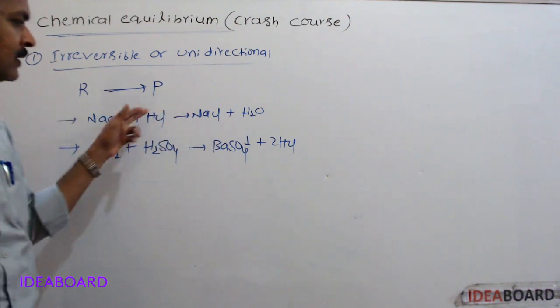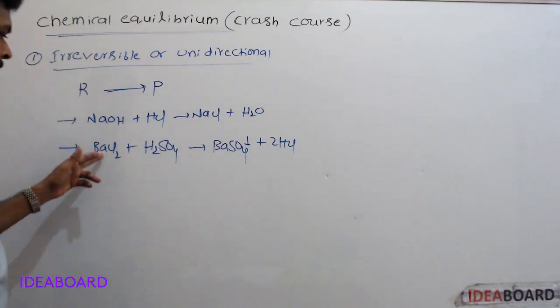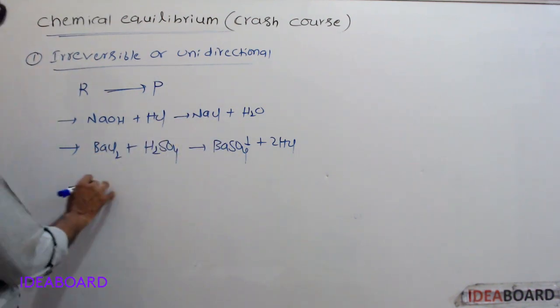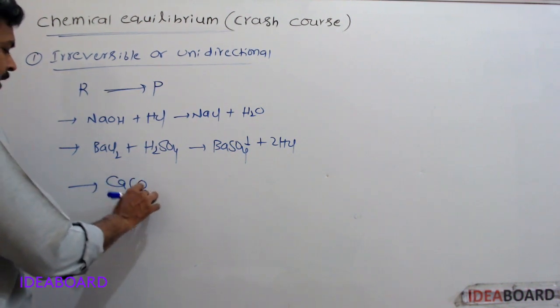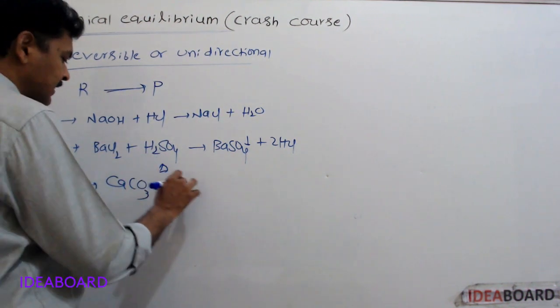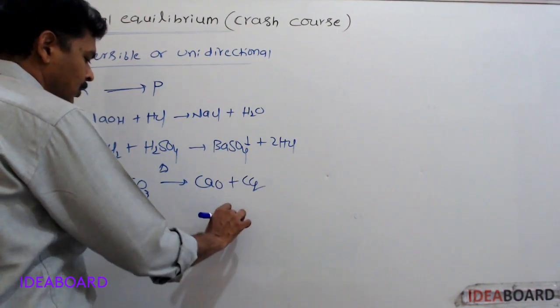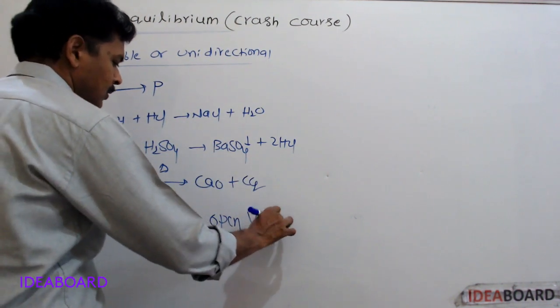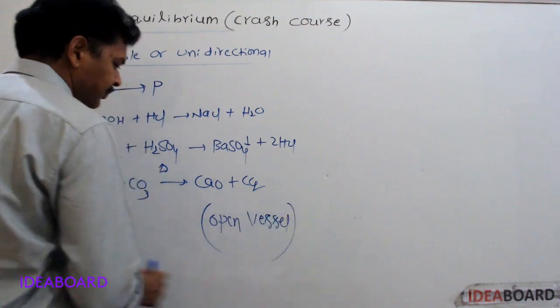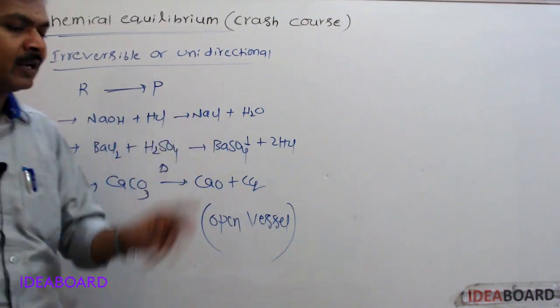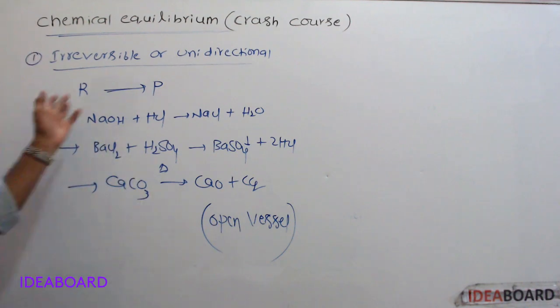Decomposition of calcium carbonate on heating gives calcium oxide plus carbon dioxide in an open vessel. So all these are irreversible reactions. They can take place only in one direction.